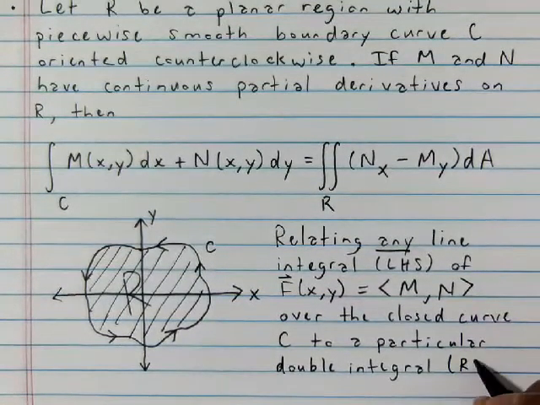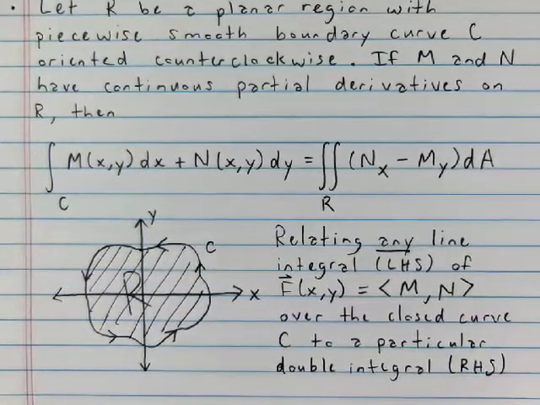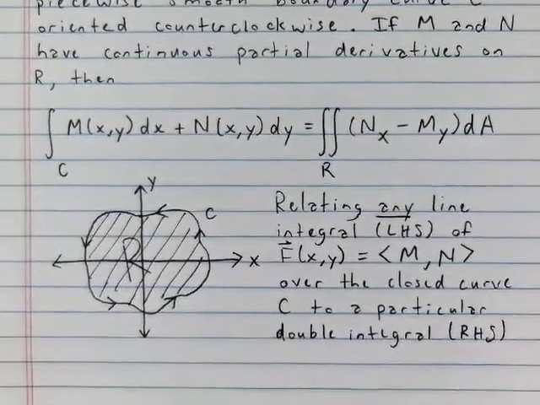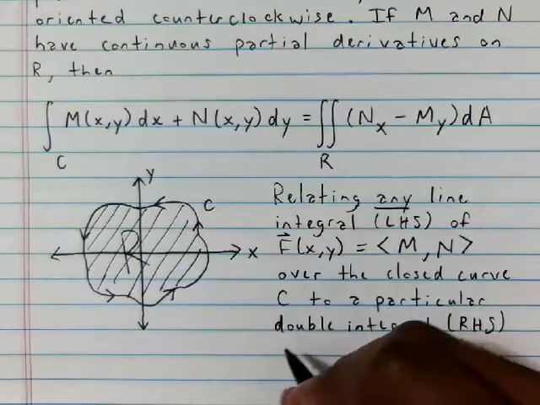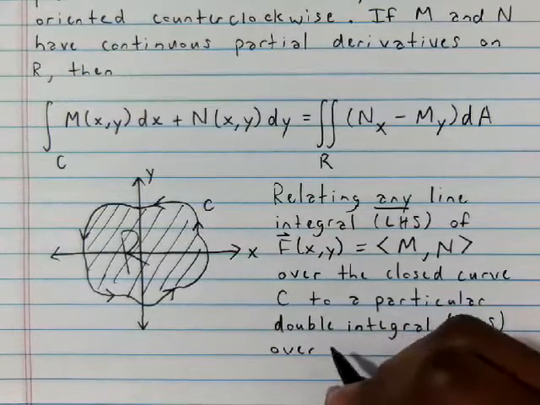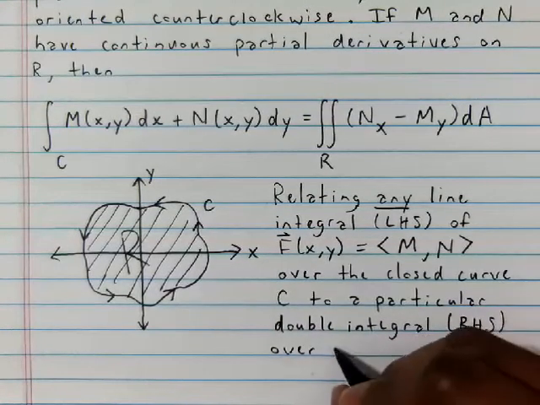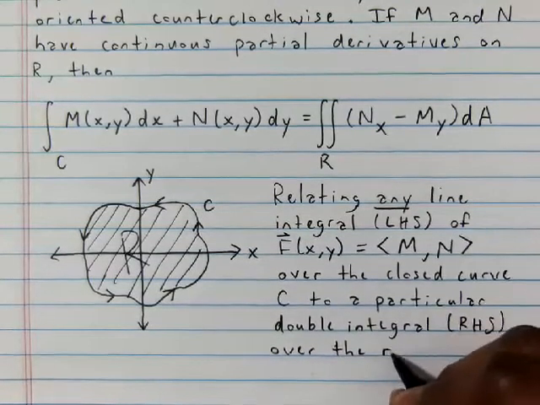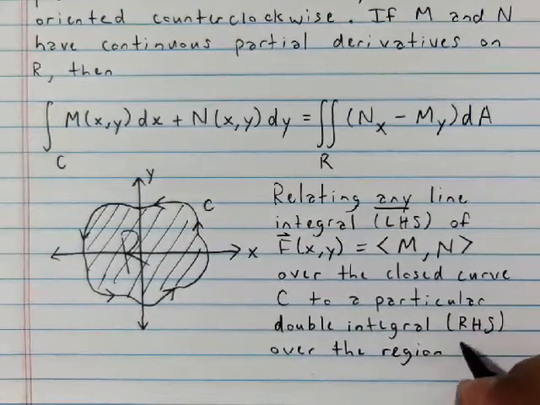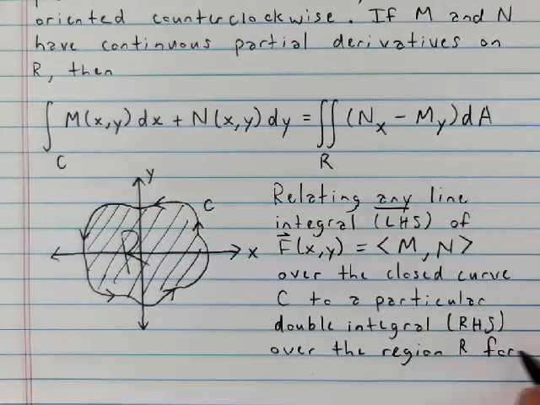So we'll put RHS, over the region R for which C is the boundary.